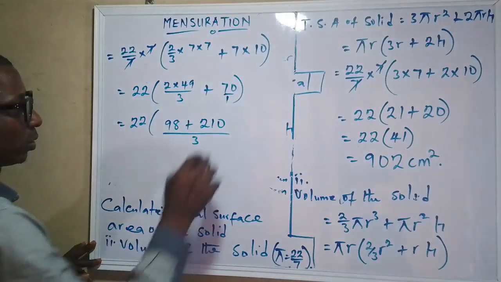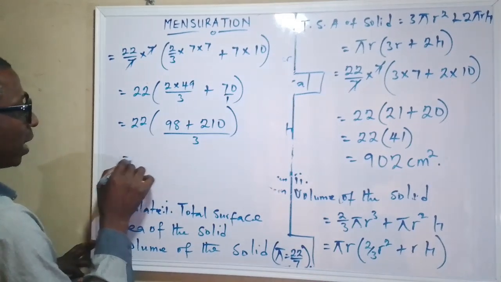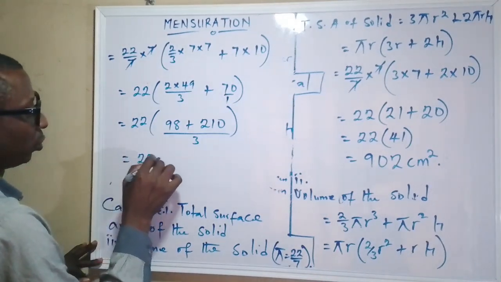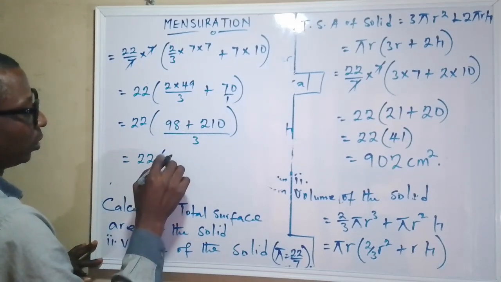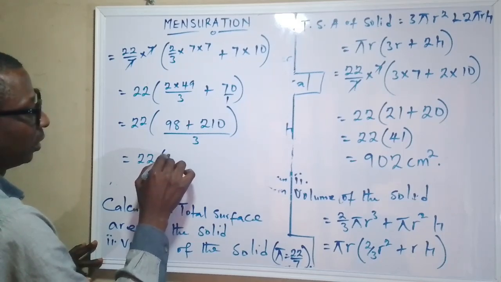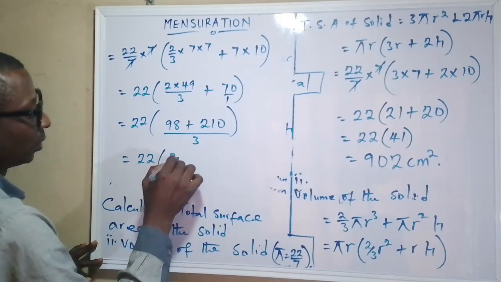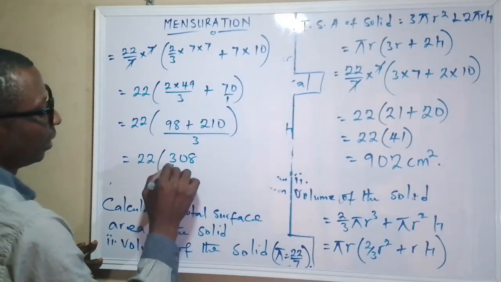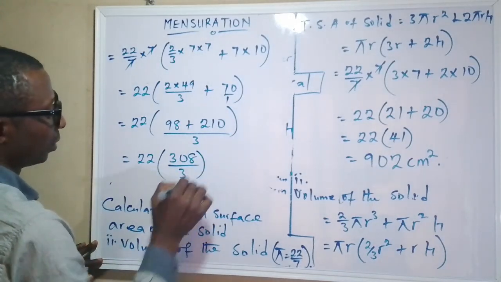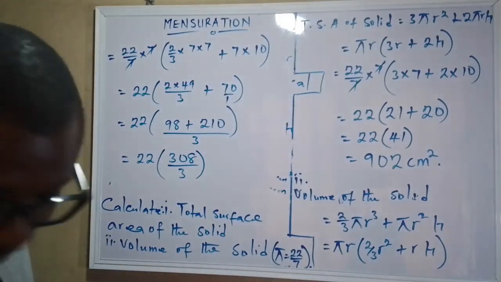So right now we can add. We have 22 times, when you add this and this together, you have 308 over 3. So that's what we have.